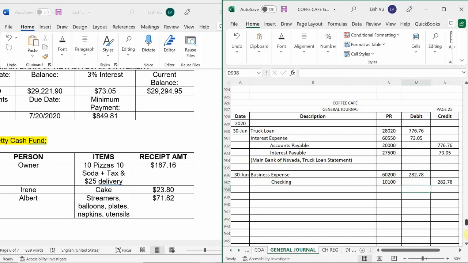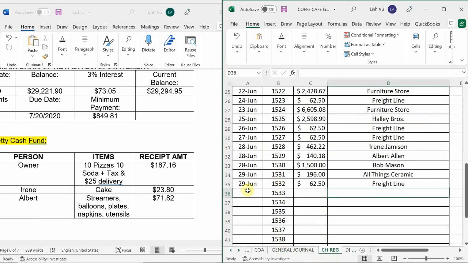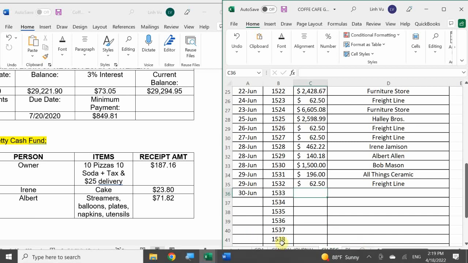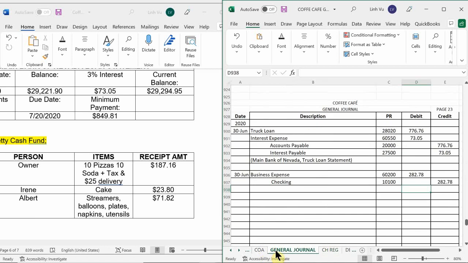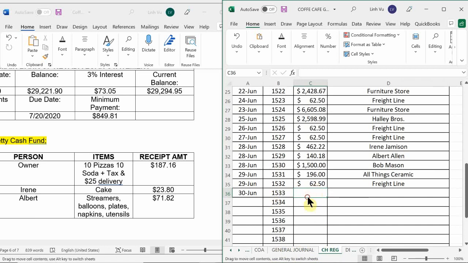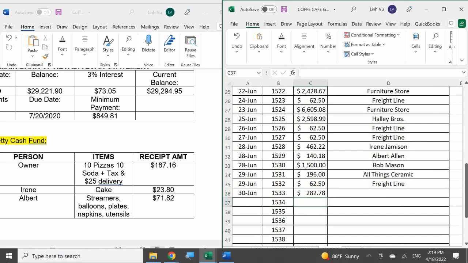Okay. And then we need to cut a check, don't we? So you're going to go to check register. Okay. And we're going to be using check number 1533 for the 282.78. And then again, you can make this to the petty cash or whoever is in charge of the petty cash.